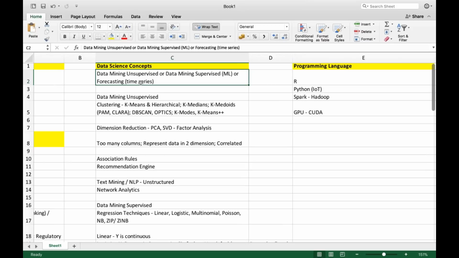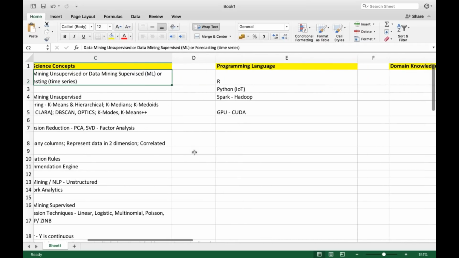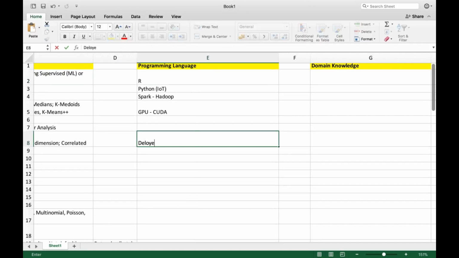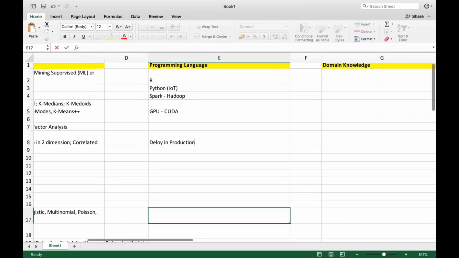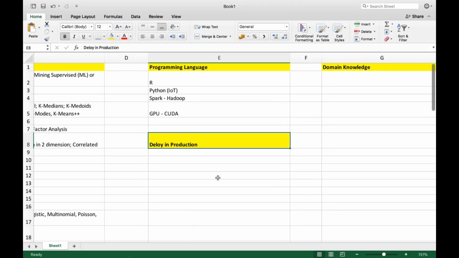Okay. Say I have used a specific algorithm, it worked very well, wonders, accuracy was good, performance was good. So what do I do? How do I deploy it to the customer? Deploy in production. Yeah, how do we do that?